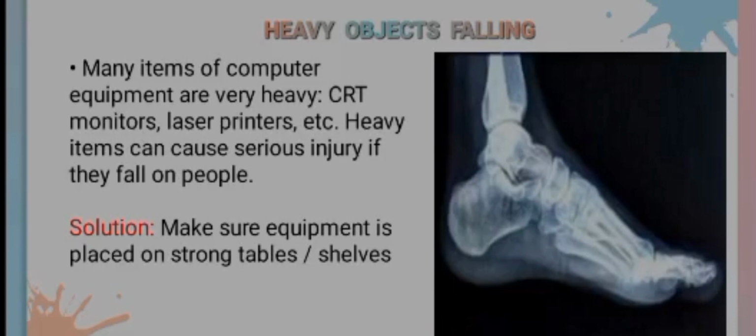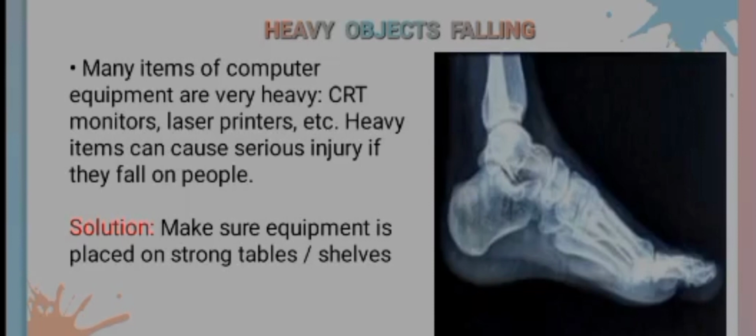So, let us proceed to the last safety issue in ICT, which is heavy objects falling. Many items of computer equipment are very heavy: CRT monitors, laser printers, etc. Heavy items can cause serious injury if they fall on people. So, aware naman tayo na mabibigat talaga yung computer equipment, na kapag nahulugan tayo nito sa kahit saang parte ng ating katawan is pwede tayo magkaroon ng serious injury.